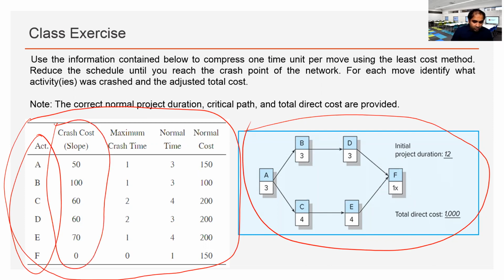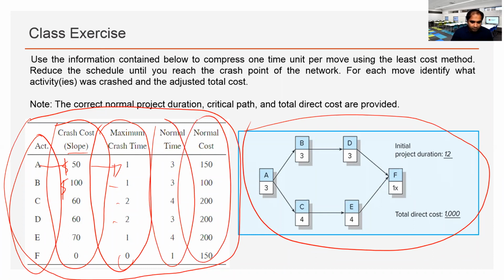This is the linear slope that gives us how much money we will be spending per day for reduction in the activity duration. Maximum crash time: A can be maximum crashed by 1 day, 2 days, 0 days. What is the maximum limit that we can crash a specific activity? These are the normal time and normal cost.